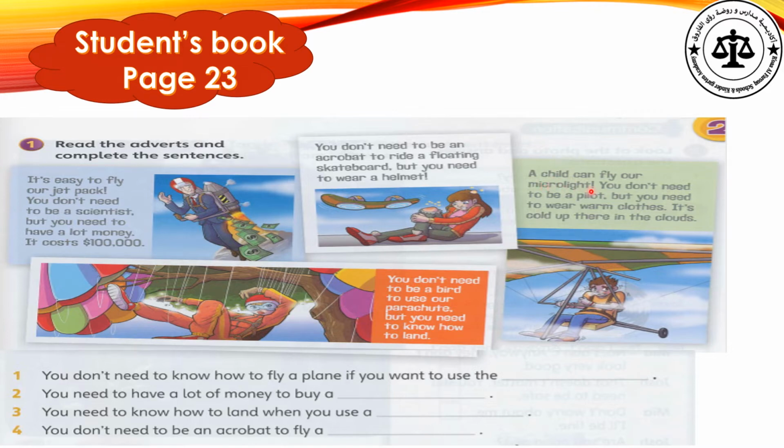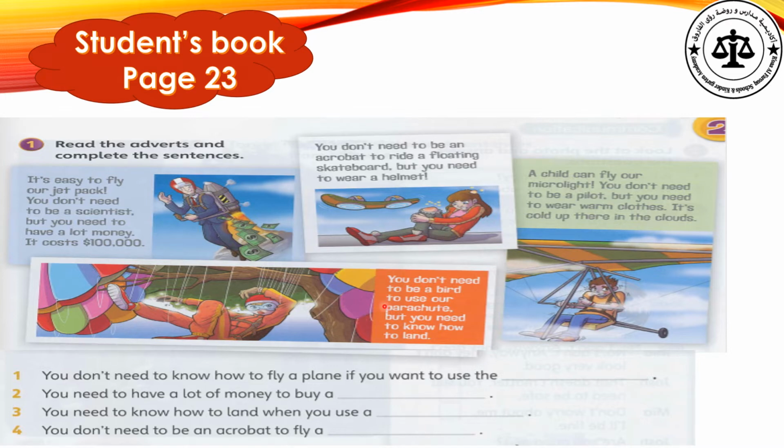A child can fly our microlight. This plane is called microlight. You don't need to be a pilot, but you need to wear warm clothes. It's cold up there in the clouds. من الضروري إنك تلبس warm clothes, ملابس دافية.